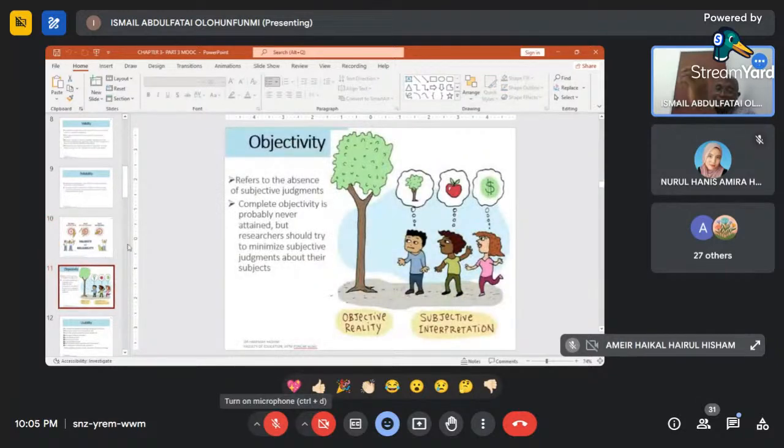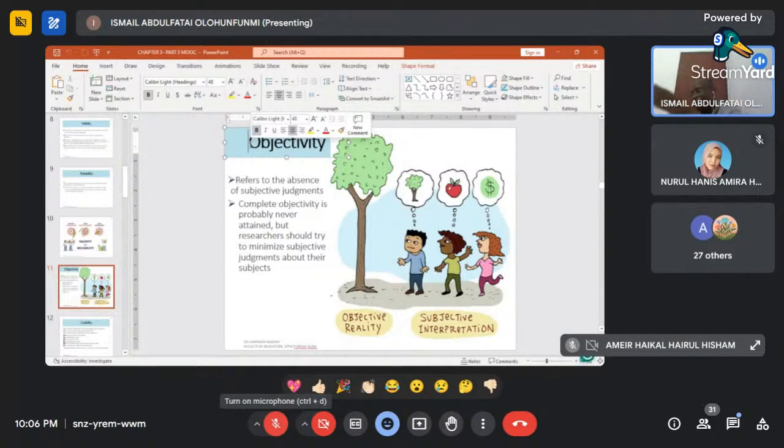Then another thing that your instrument must have is objectivity, meaning that it must focus on the object, not the subject. You must focus on the object that you want to measure. This is the objective reality.